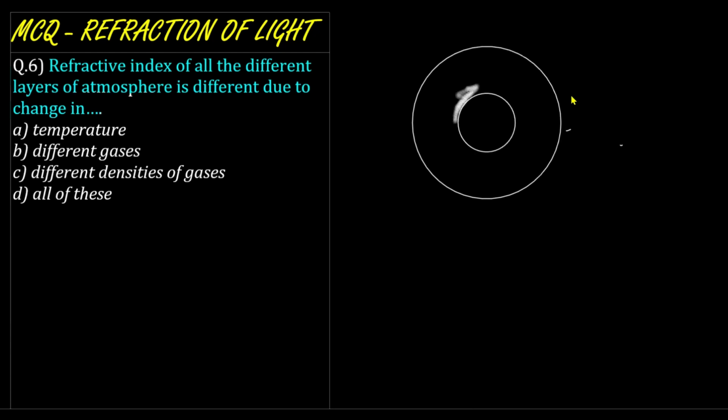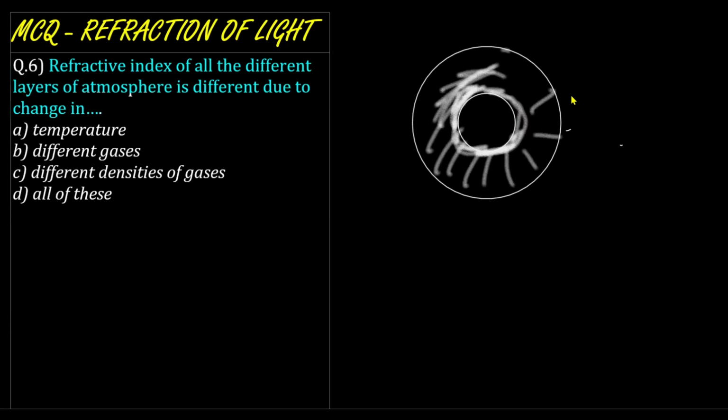You know that due to gravity, heavier particles are near the surface, and as you go higher and higher above, its density decreases. So the density keeps on decreasing as we go high above. This is because of the gravity. But what we are talking about is the refractive index.